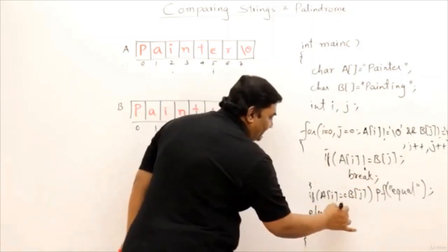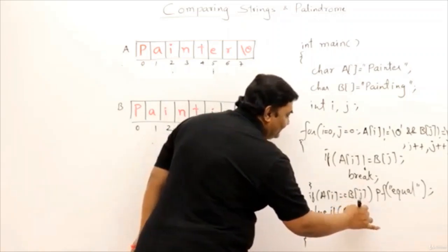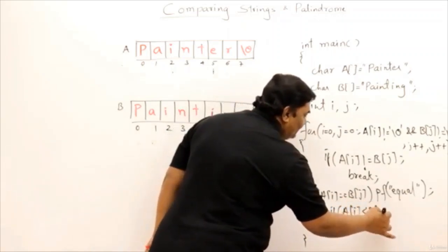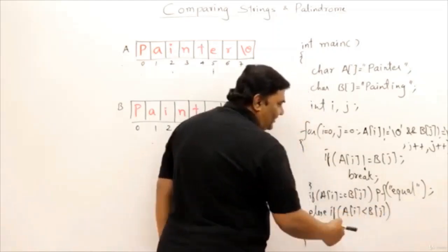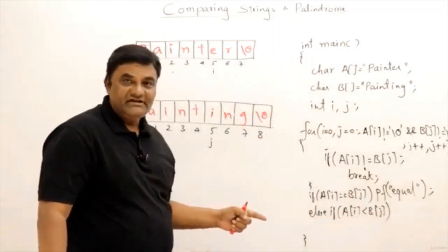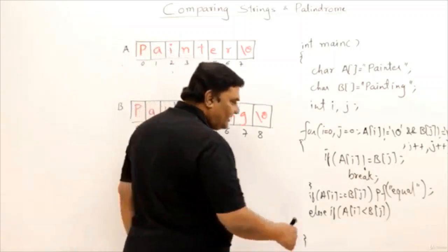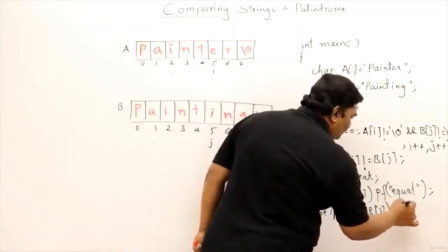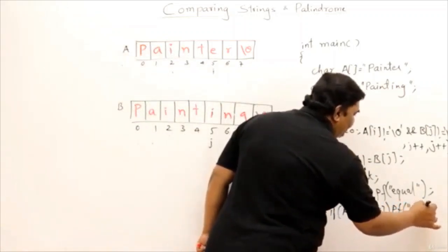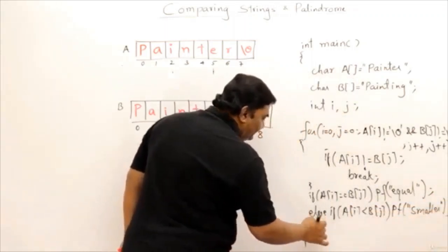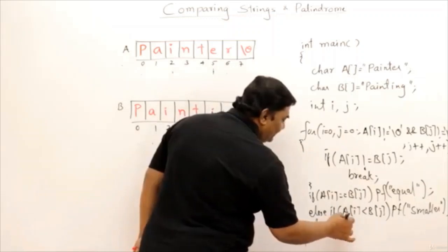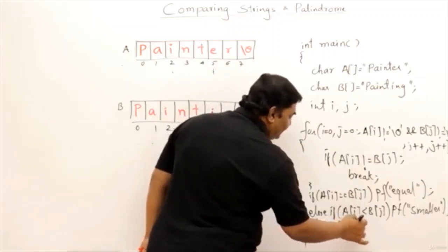Else, if A of I is less than B of J, then say that the first string is smaller, it comes first in a dictionary. So I will simply say smaller because we are comparing the first one with the second one. Else I will say greater. It means the first string is greater.